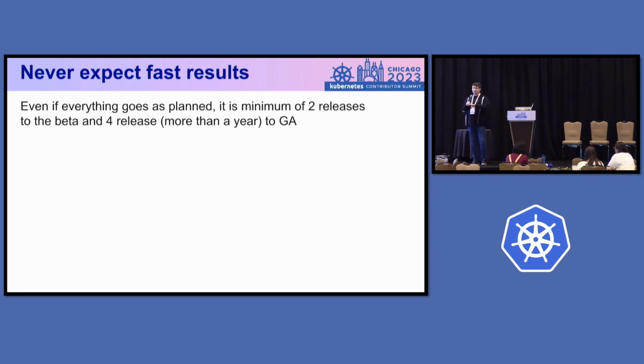Even if you planned everything ahead, and it's a very well needed feature by everybody, it still takes at least 2 releases to get to beta, and beta is typically something that you may want to enable by default. So if you end up at GA with your feature in a little bit over a year, you are on a very good track. And it's fast in open source terms. Way back, I was working at Microsoft. Everybody was asking how soon the feature will be delivered, and my answer was: enterprise soon, soon in terms of the speeds at which enterprise features are developed.